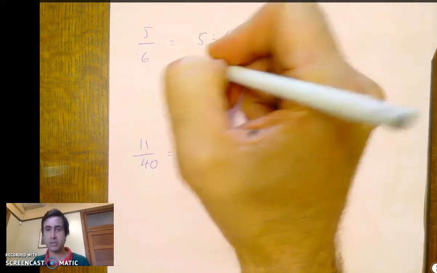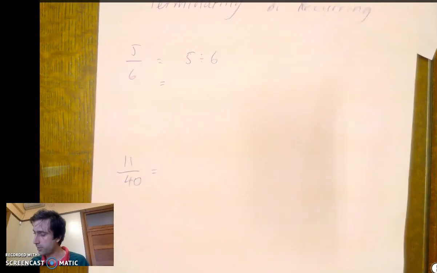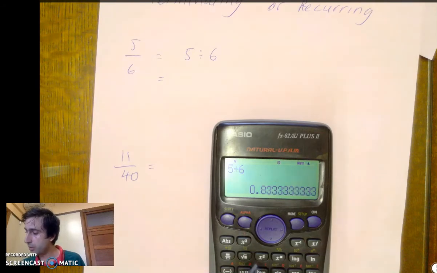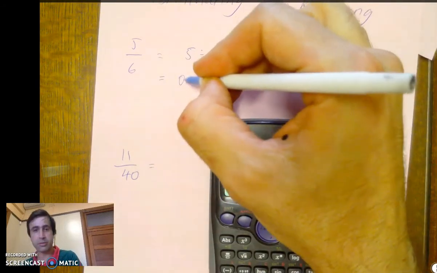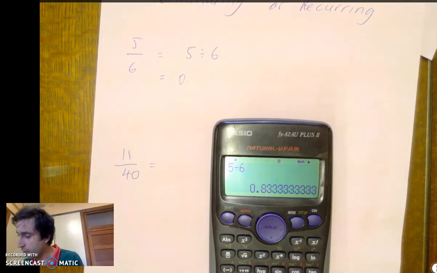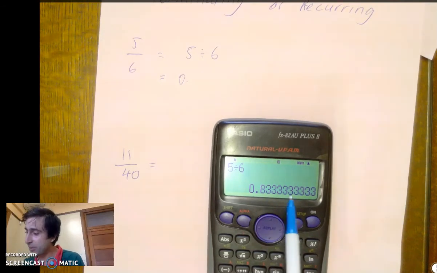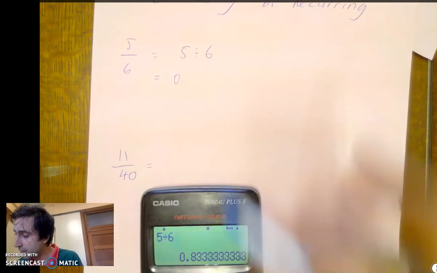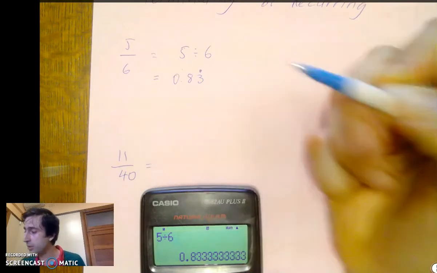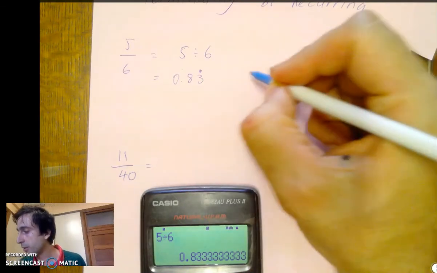You can type this into your calculator: 5 divided by 6 equals 0.83333333333. What do we see here? We see 3's going on forever and ever. That's a repeating pattern, so that's 0.83 with a dot on the top of the 3. So it is obviously a recurring number.